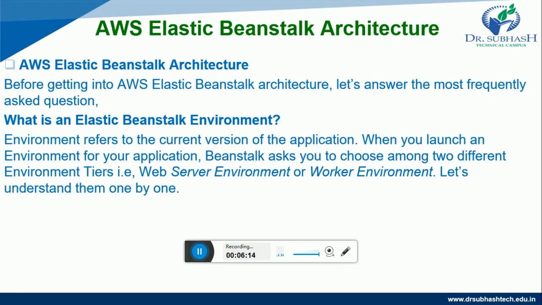When you launch an environment for your application, Beanstalk asks you to choose among two different environment tiers, that is, the web server environment or the worker environment. Let's understand in detail one by one.